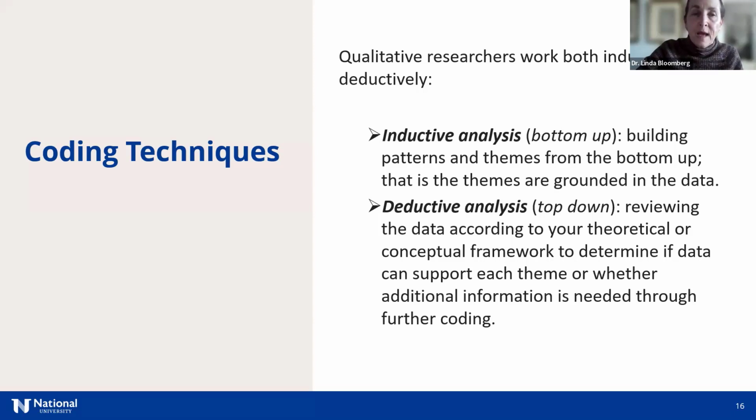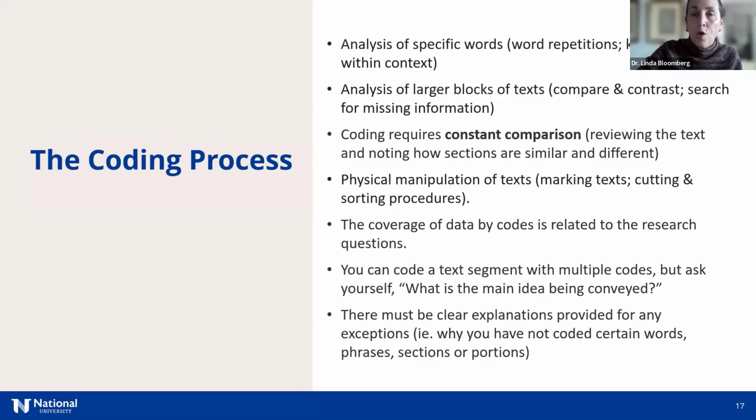So let's look at the coding process itself. Analysis can be done with specific words, where we could look at word repetitions, keywords within context, etc. Analysis can also be conducted on larger blocks of text, where we compare and contrast these blocks of text.